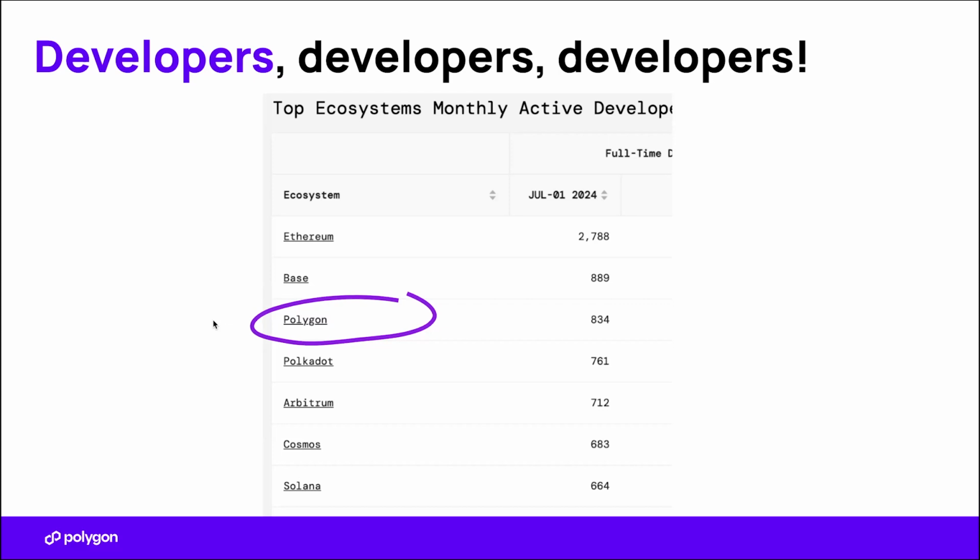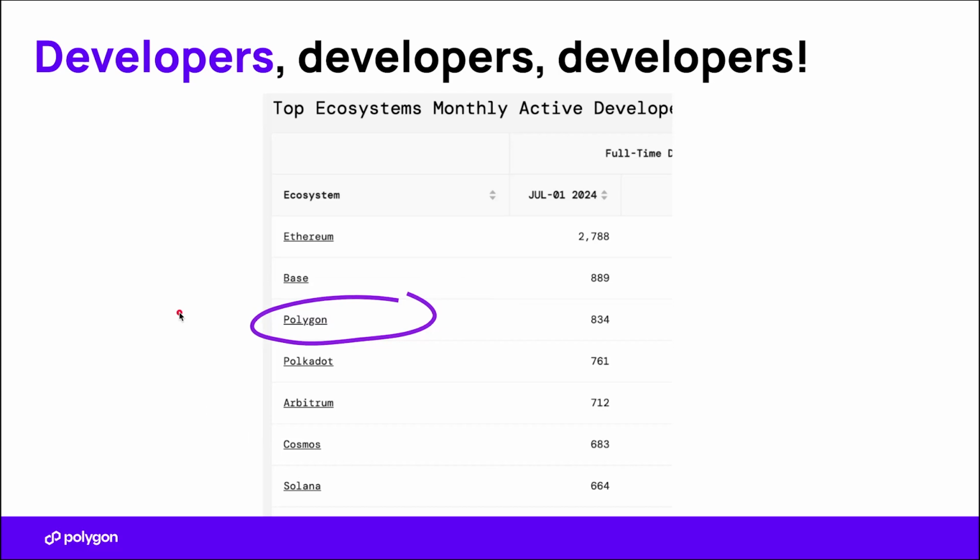Base has surged a lot, very close to Coinbase activity, which is an NYSE listed company, so they are really doing well. Of course you see the usual suspects like Polkadot, Arbitrum, Cosmos, Solana, but we are in a healthy third position, very close to Base, and hopefully we can get closer to Ethereum.